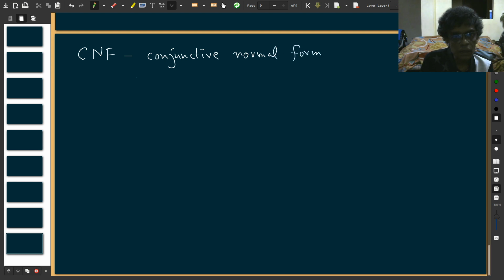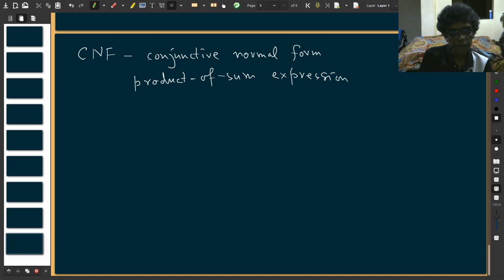This is nothing but a product of some Boolean expressions. The sum of products form is called disjunctive normal form, DNF, and the CNF is a product of sums.